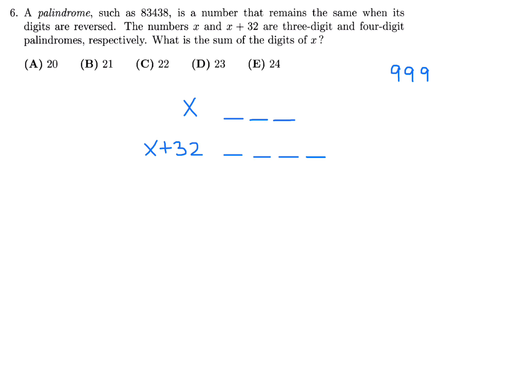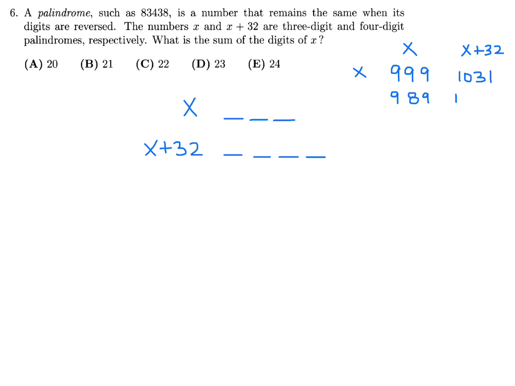Why not, right? Because that's a palindrome. I'm choosing palindromes, because both x and x plus 32 are palindromes. So if this is x, what is x plus 32? Well, it is 1031. And is that a palindrome? No. Okay, no problem. My next palindrome would be 989.